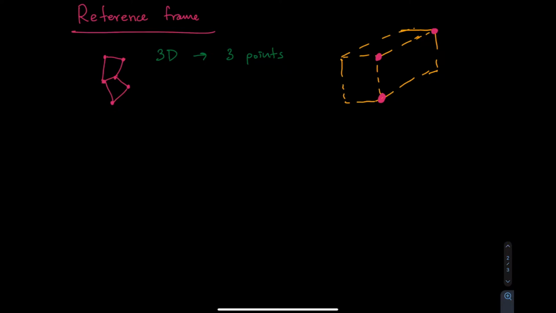If we have these 3 dots and they're fixed with respect to each other and fixed in space, or they're moving at a constant speed, now we're talking about a reference frame.